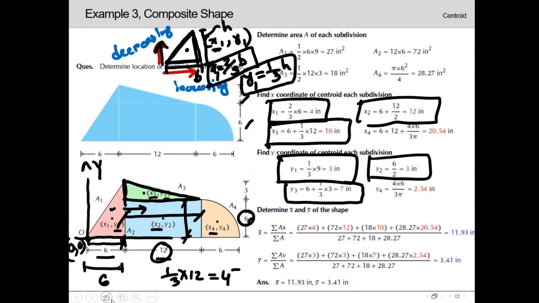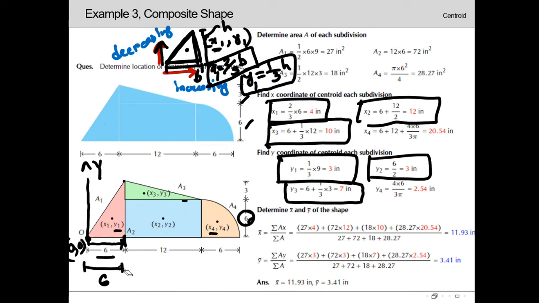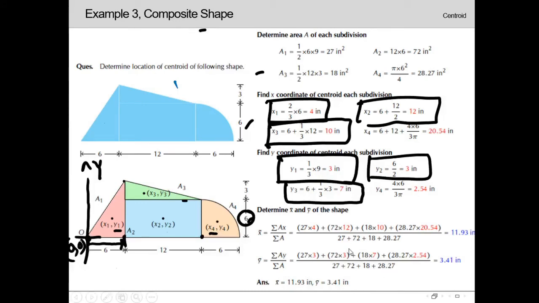Now let's come to the fourth segment. Our fourth segment is a quarter circle. To calculate this quarter circle, let's consider the radius of this quarter circle is r, meaning the radius of the total circle is r.